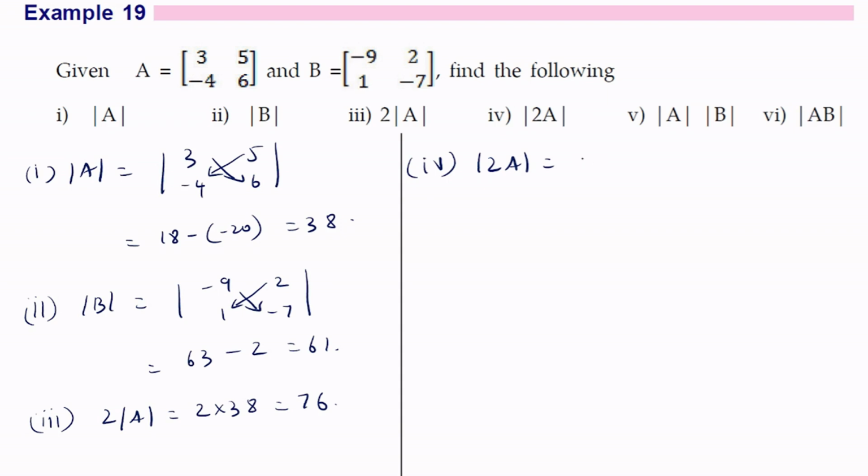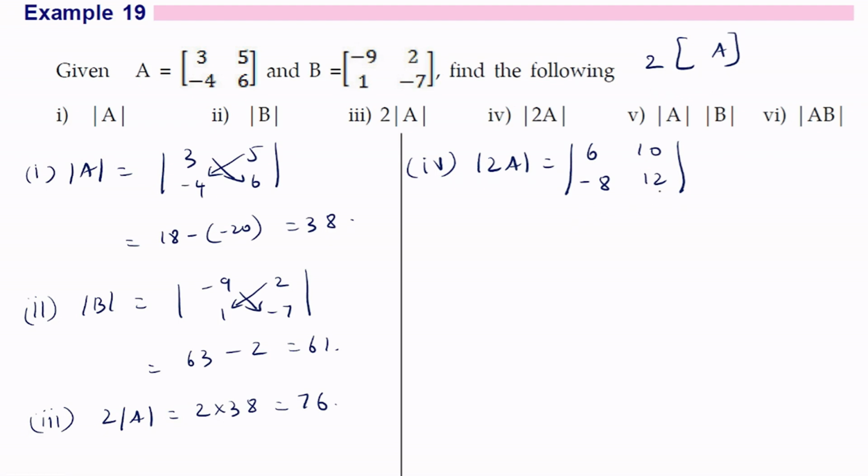So it is determinant of the matrix 2 into A. So it is determinant of 6, 10, minus 8, 12. So we have to first find the matrix 2A, and then we find the determinant of that matrix. 2 into matrix A is this matrix.